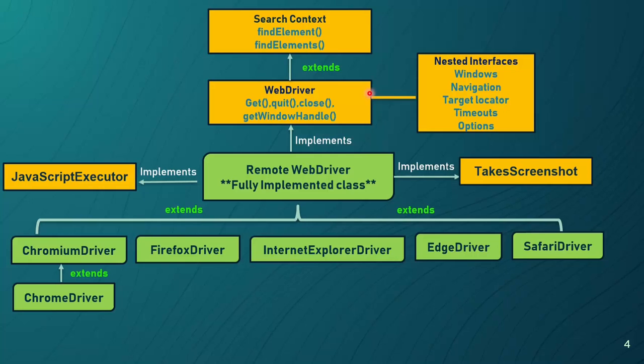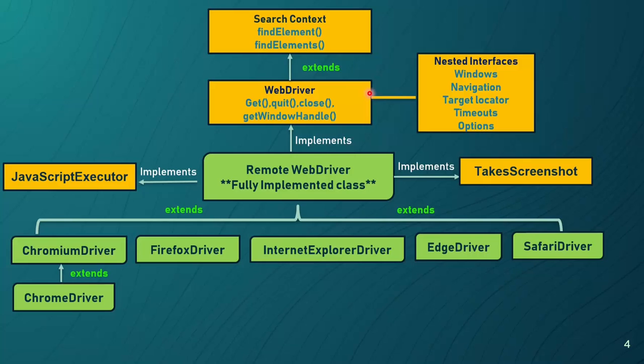Apart from this, it also has other methods like get, quit, close, get window handles, and many other methods. All these are abstract methods that have only a body and no implementation. And these are the topmost root interfaces.